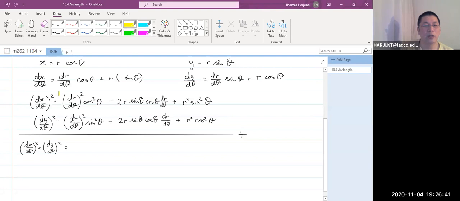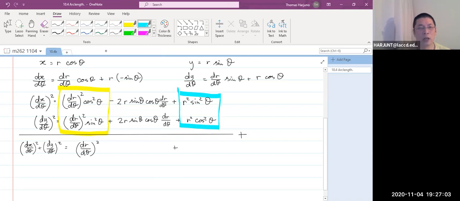When I add this, what do I get? I will get dr d theta squared, right? Because sine squared plus cosine squared equals 1. Plus the one here, when I add, I will get r squared.